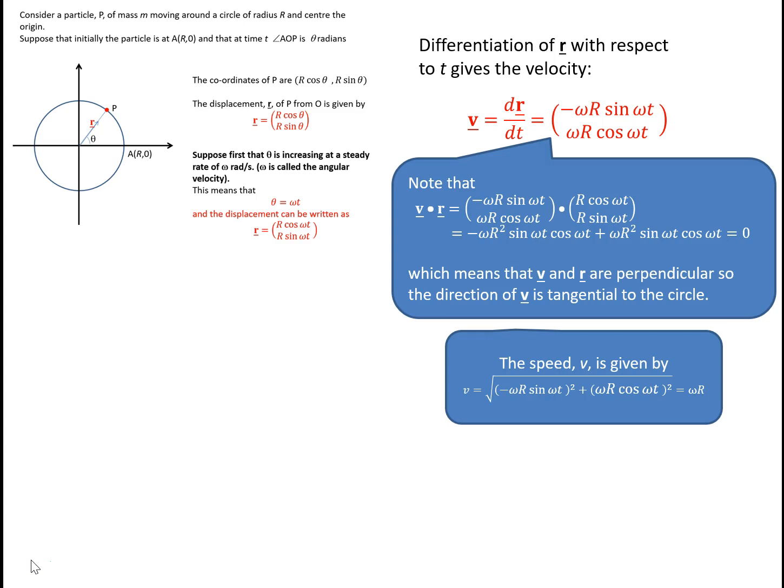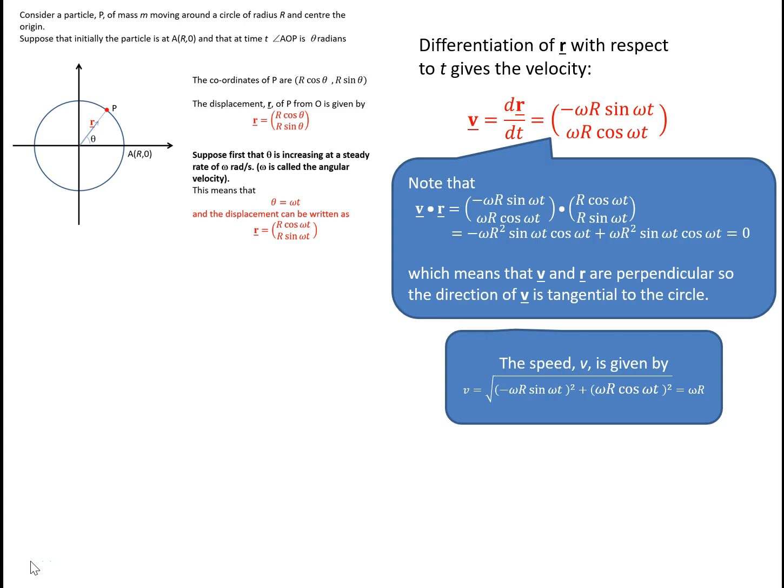So we've got the square root of omega squared r squared sin squared omega t plus omega squared r squared cos squared omega t. And that very quickly simplifies to give just omega times r.